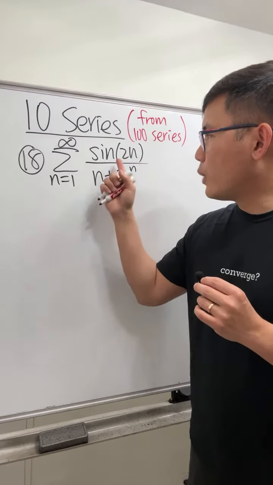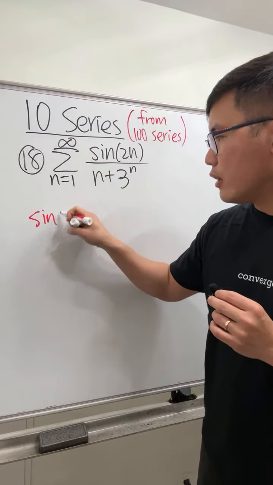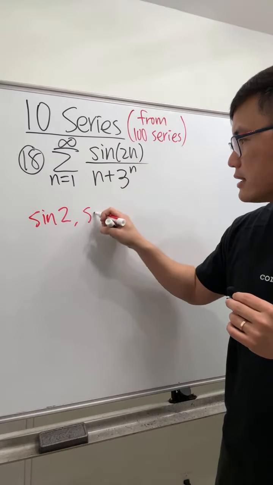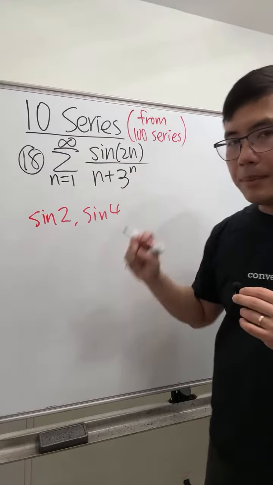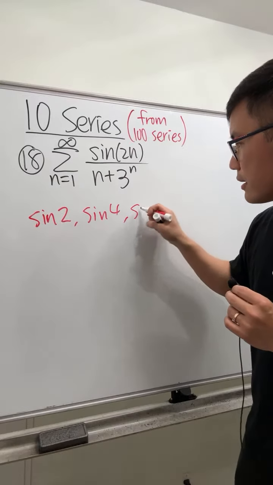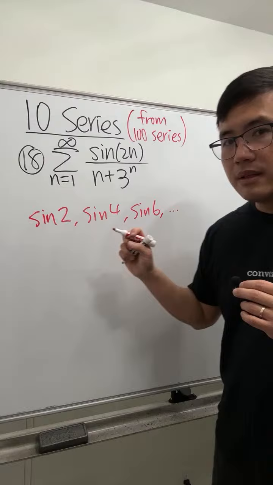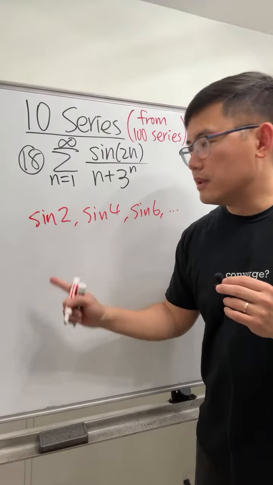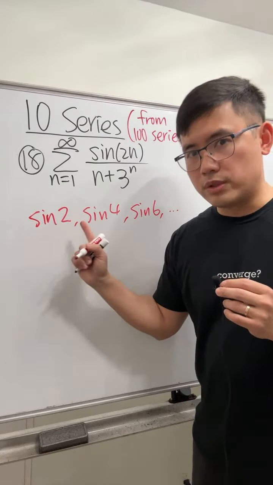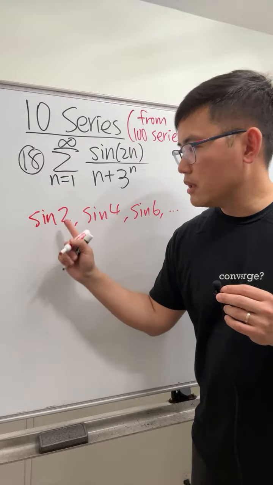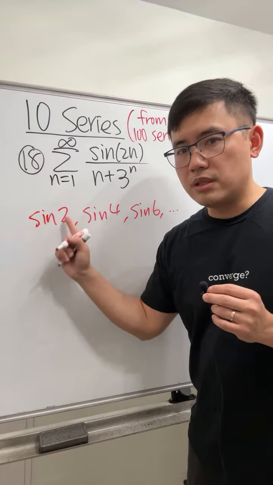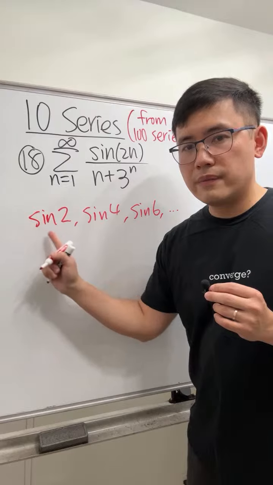If you plug in 1, we will get sine of 2. If you plug in 2, you get sine of 4. I'm just talking about the numerator. And then the next one is 6, and so on, so on, so on, right? Be careful. Sine of 2, when 2 is in radian, is this positive or negative? Help me out.